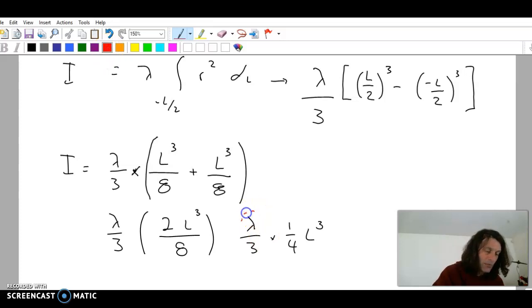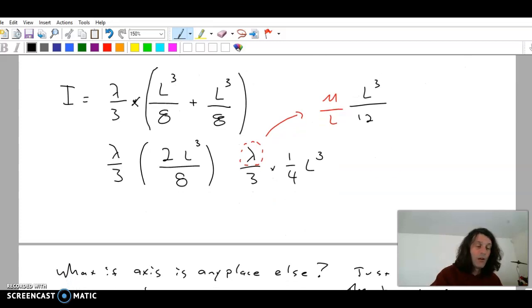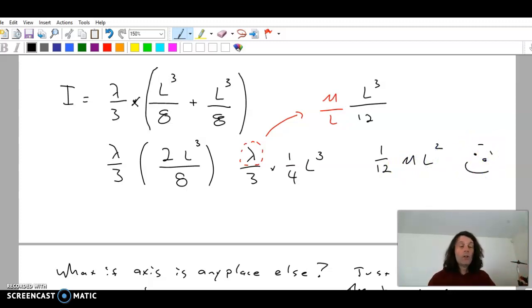I'm going to replace it with the mass of the whole over the length of the whole, and that will be times, in the denominator now, 12, over L to the third. So what does this end up becoming? It ends up becoming 1/12 mL squared, and that is the happy version of the I of a rod rotating about its center of mass. So 1/12 is obviously less than 1/3, so it's easier to rotate this way than it is to rotate this way.